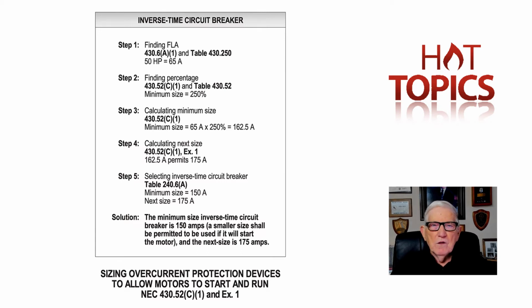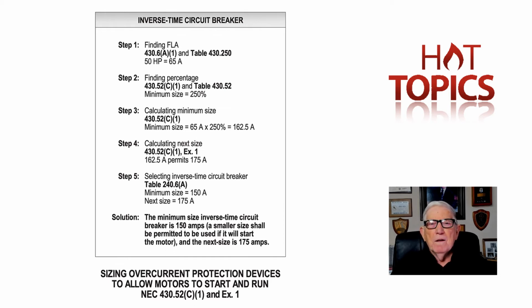Now, notice 430.6A1 on page 308 and 309 will refer you over to table 430.250 on page 33 of the code. And we would find then, based upon the 50 horsepower, 3-phase, 460-volt motor, lining it up in that column, we'd come up with 65 amps.